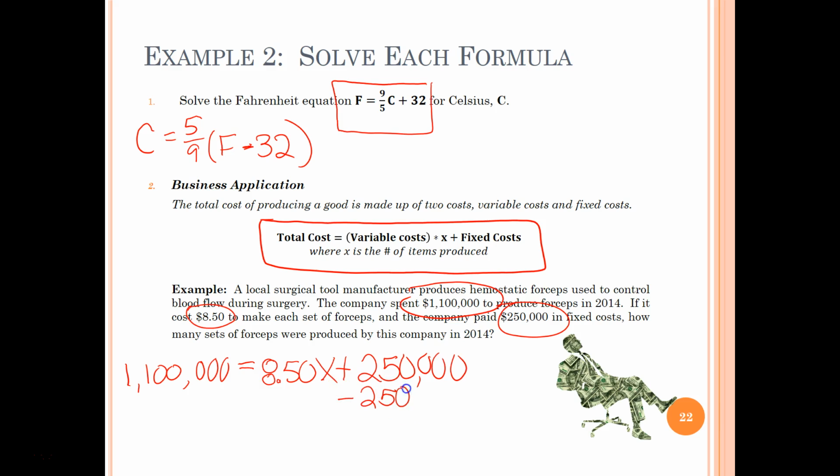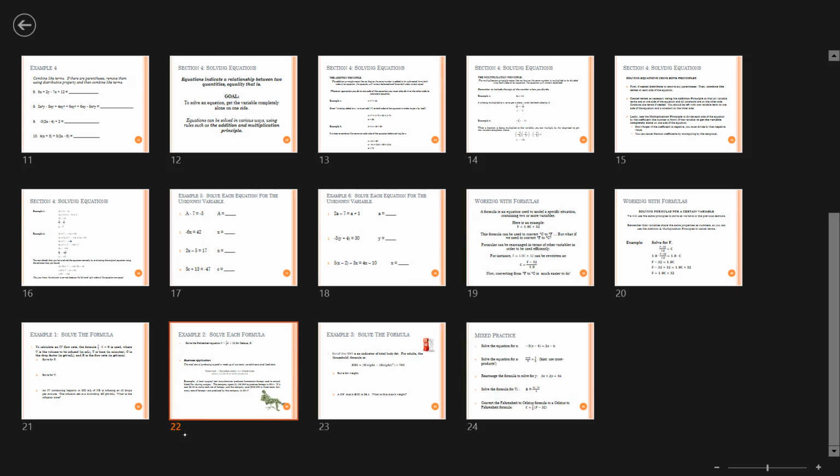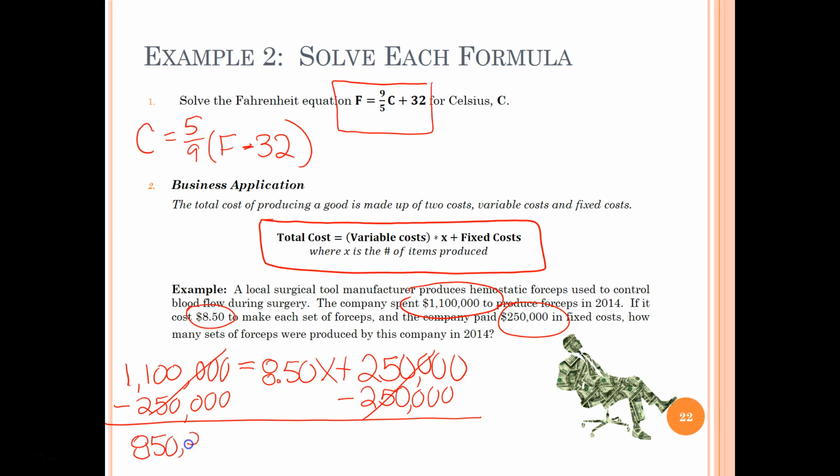So now what can we do to get that X by itself? Let's subtract 250,000 from both sides of the equation. And when we do so, we are left with $850,000 equals 850x.